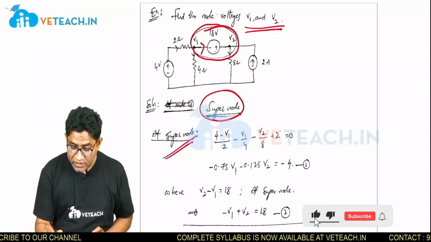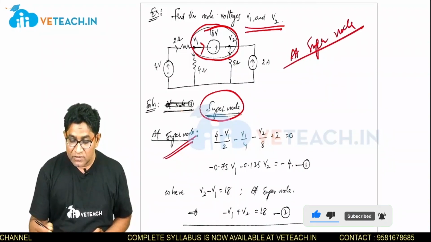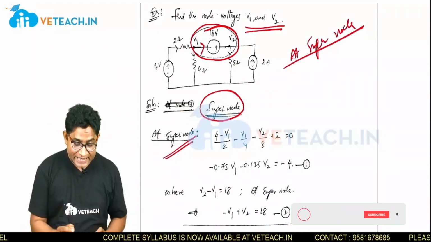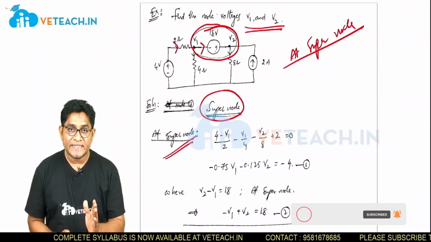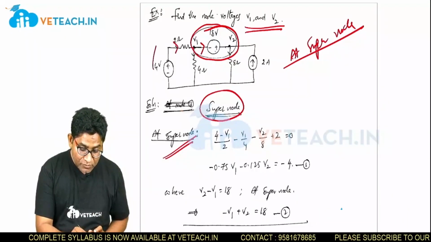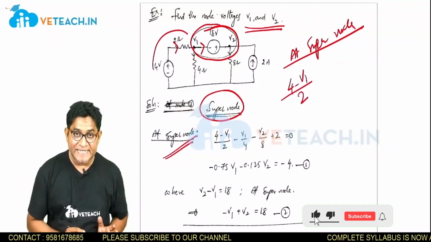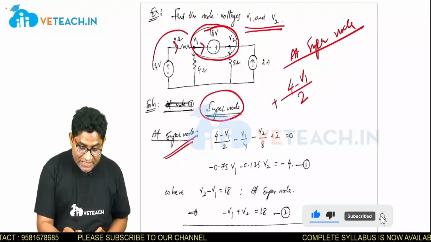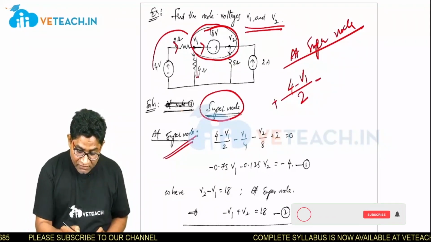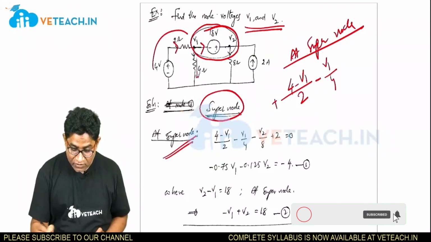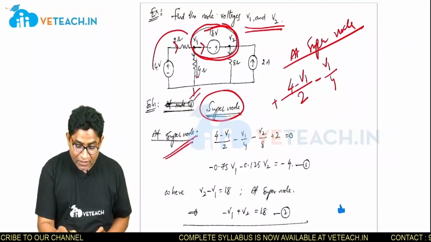So at this super node, write the KCL. What are the currents entering? This 2 ohm current is entering. So what is the current expression for that branch? 4 minus V1 by 2, that is entering, so plus. Then this current is leaving through 4 ohms, so leaving means minus. How much is it? V1 by 4, since it is the reference one. Then this is all a single node.